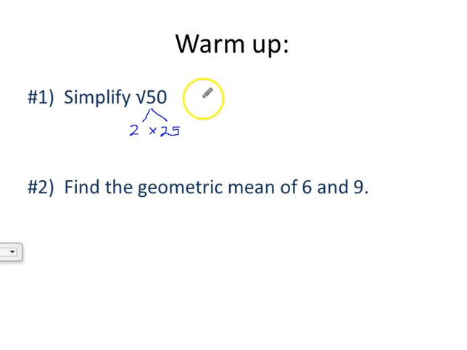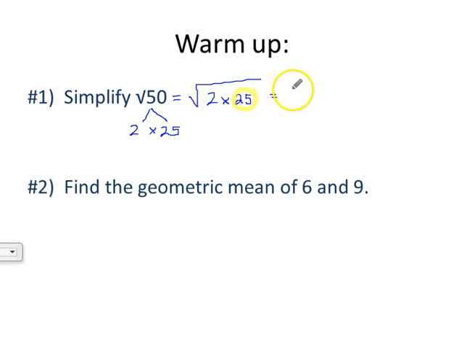So what I'm going to do is rewrite the square root of 50 as the square root of 2 times 25, because 2 times 25 is 50, which is the same number we were trying to simplify. Now I'm going to focus on 25 because I know that 25 is a perfect square. When I take the square root of 25, what do you get?